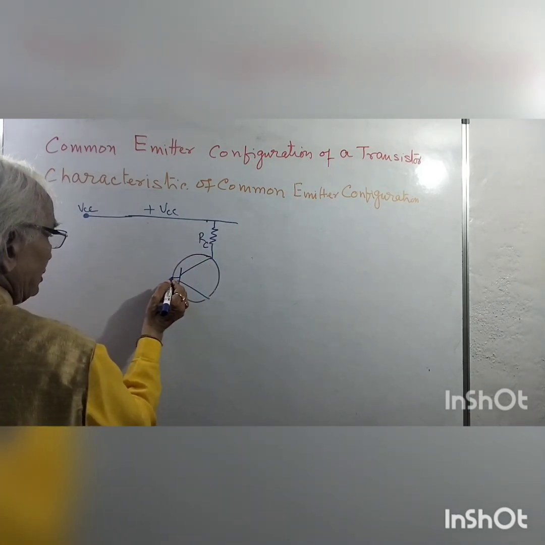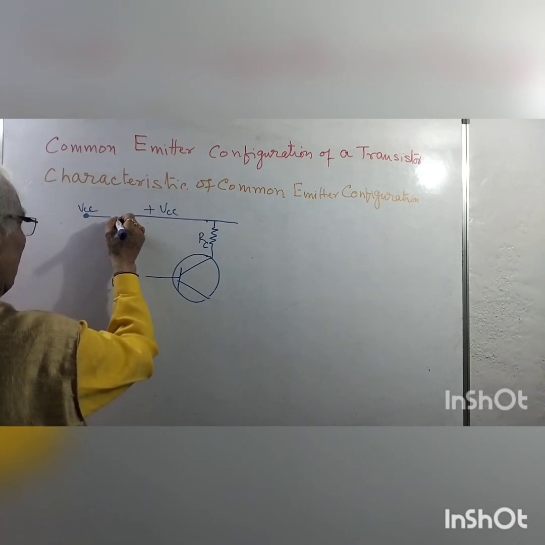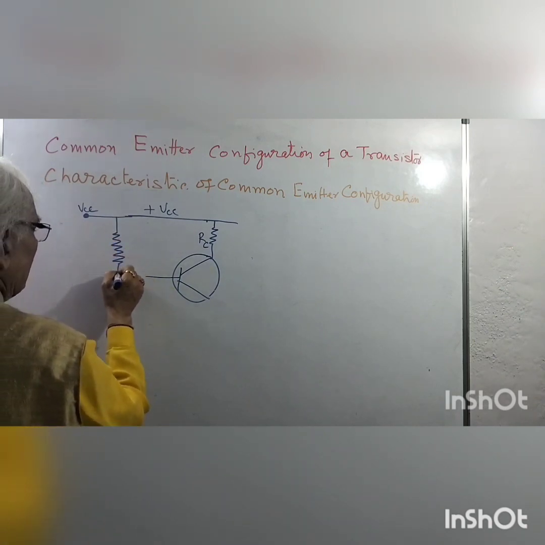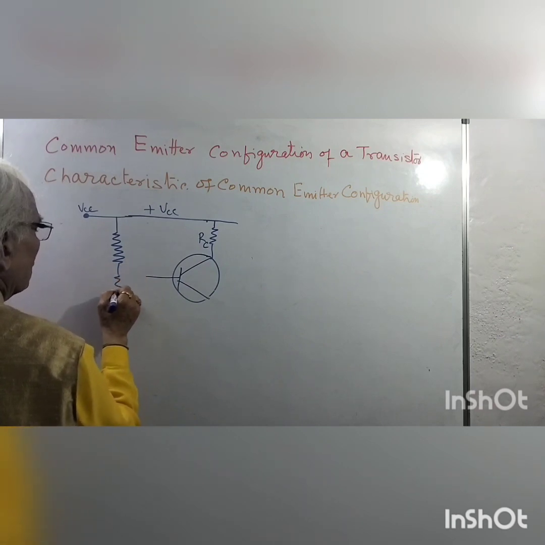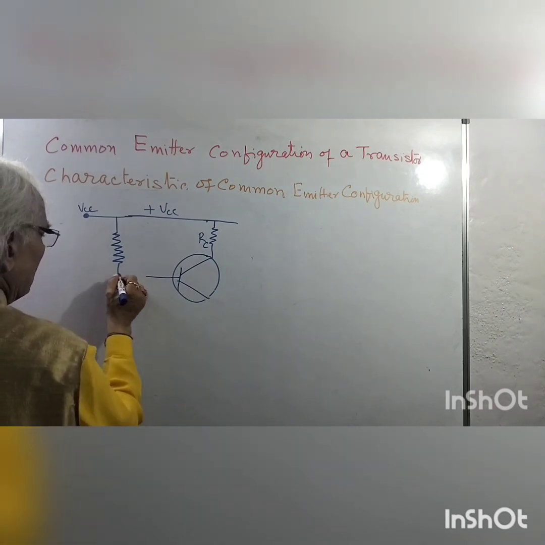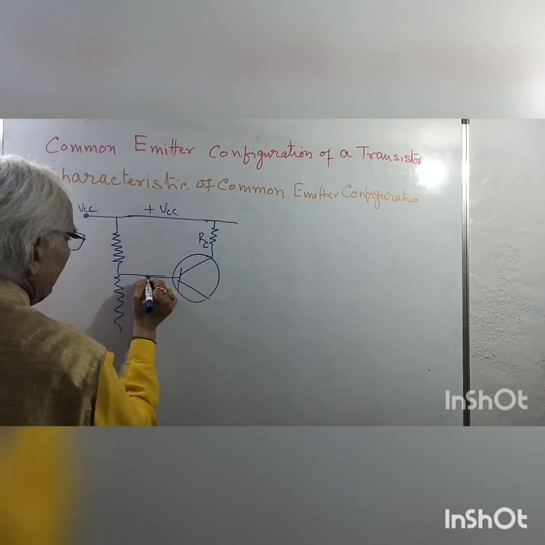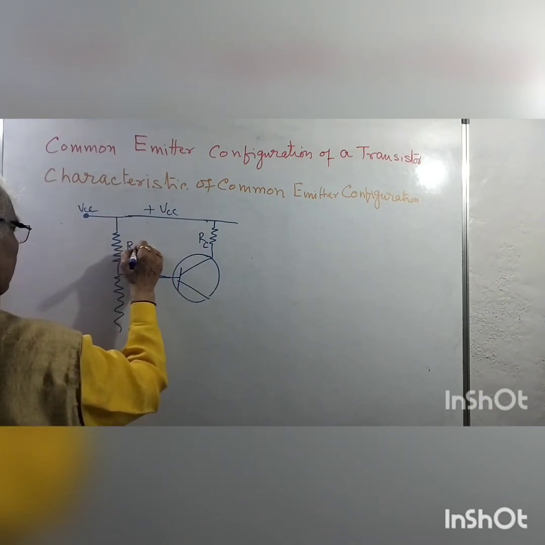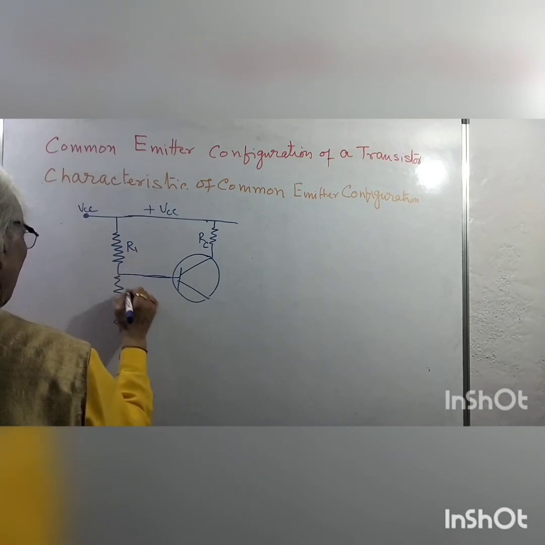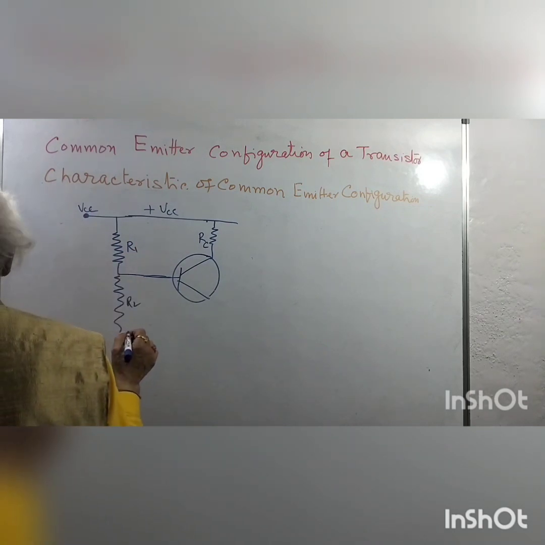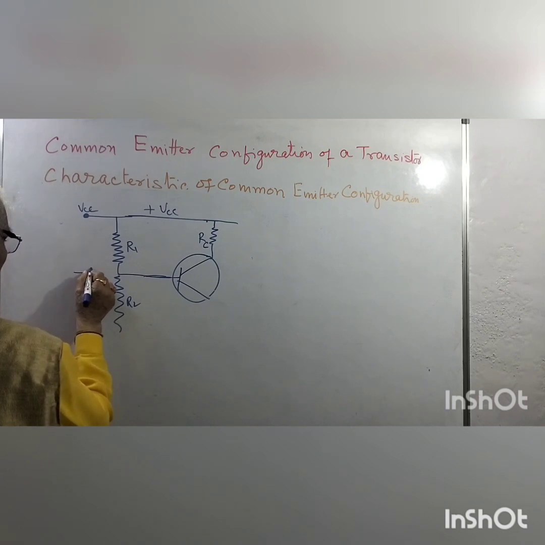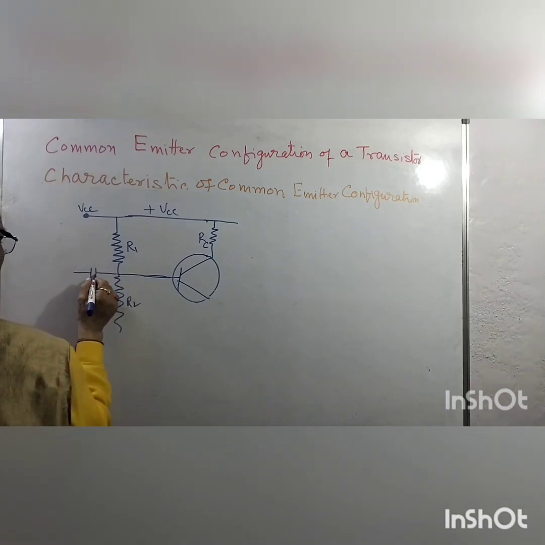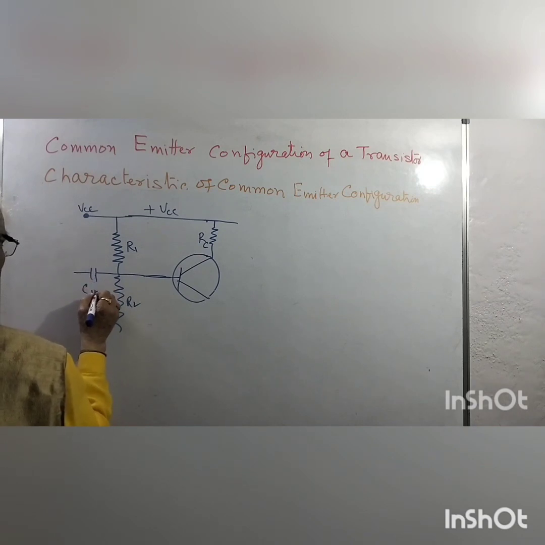For the biasing of this base emitter circuit, what we do? We take self-biasing, which means we use two resistors here, R1 and R2, and here we have the input capacitor, C in.